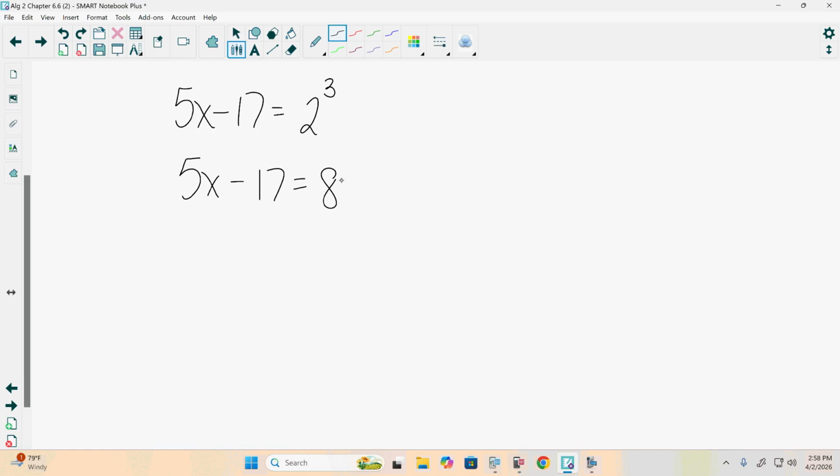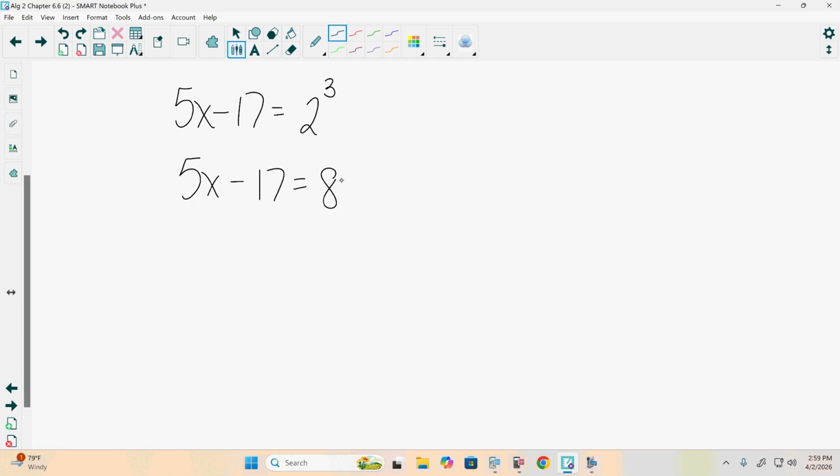We don't have a non-repeating, non-terminating decimal. So if it said the natural log of 5x minus 17, we'd have to apply a base e. E to the third power is not a nice number. It's an irrational number. Just like with our previous ones with the logarithms, we're going to wait till the very end to find out what its value is. But here, 2 to the third is a nice number. It's 8.